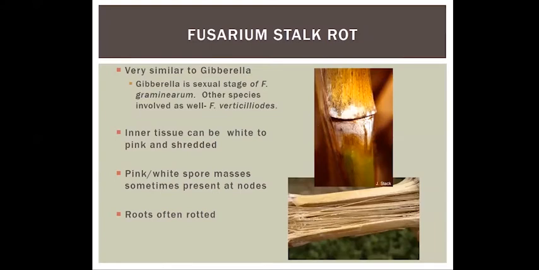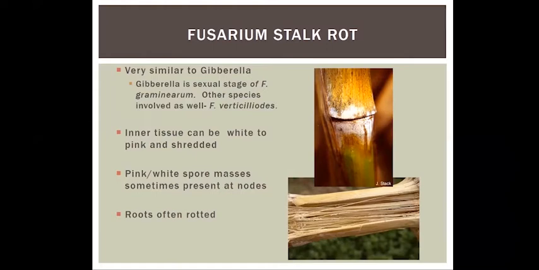Fusarium stalk rot is the second stalk rot that I'd like to talk about. Very common in Illinois as well. There are several different species of Fusarium that can be involved, but typically Fusarium verticillioides is our culprit. When you look at fields that have stalk rot issues caused by Fusarium, typically, again, at the nodes, you'll see a light pink to orangish growth.